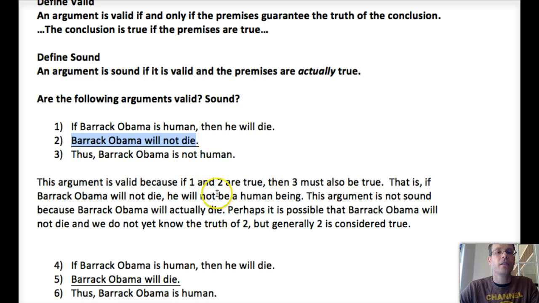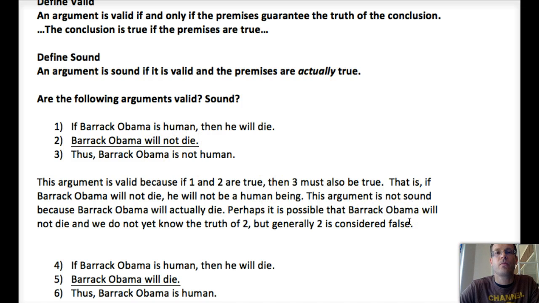We all are, right? We all understand that on some level, and so we would argue that in this case 2 is false. Because 2 is false, this cannot be a sound argument. Yeah, but 2 is generally considered false.